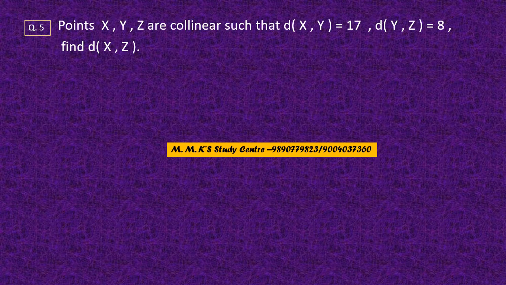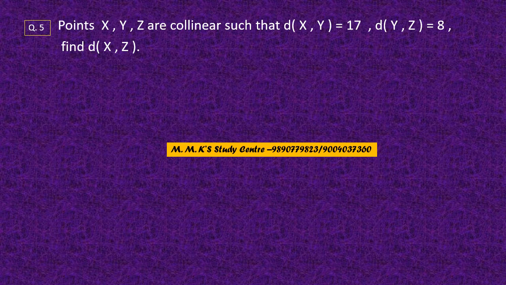Question number 5: points X, Y, Z are collinear such that distance XY is 17 and distance YZ is 8. We have to find XZ. Children, if you observe carefully, here betweenness is not mentioned, meaning X-Y-Z is not mentioned.